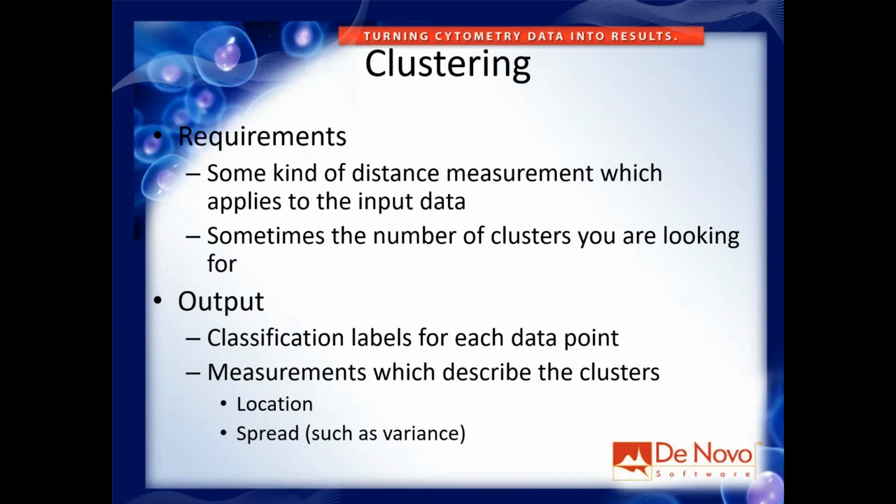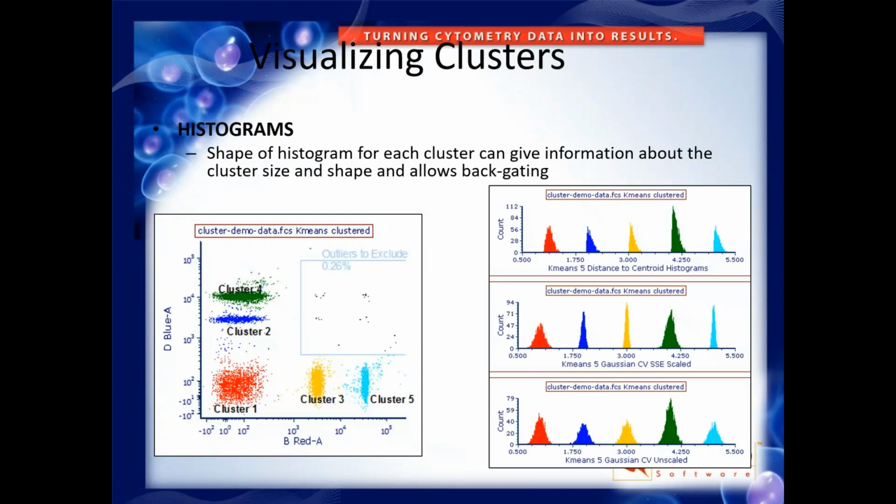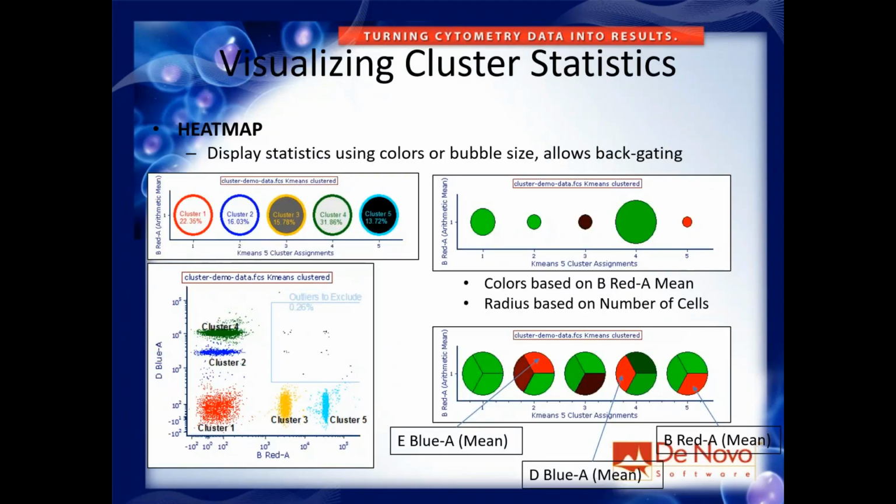So what is clustering? Well, the requirements for a clustering algorithm are some kind of distance metric that you're going to apply, and that has to be defined, and usually the number of clusters that you're looking for. And the output are the classification labels and a measurement that usually describes the clusters. So once you've gotten clusters, you can visualize them in many different ways.